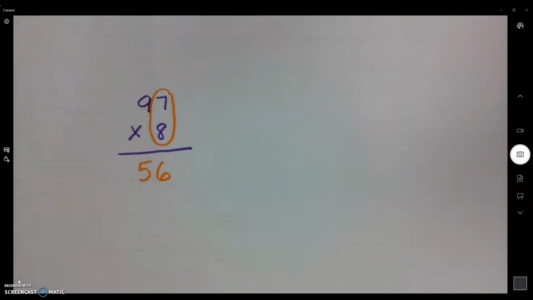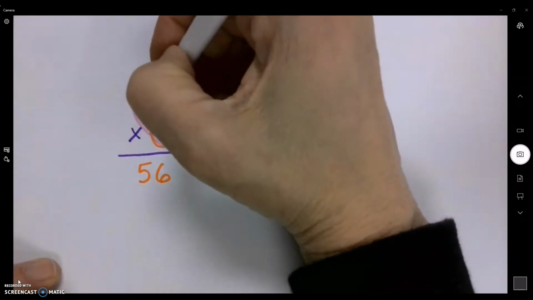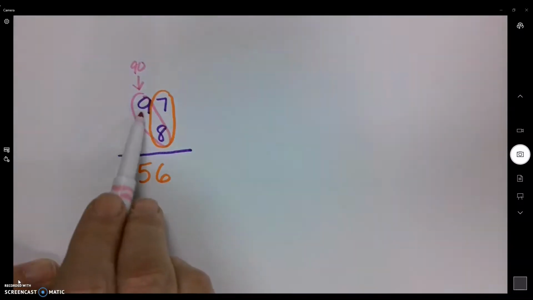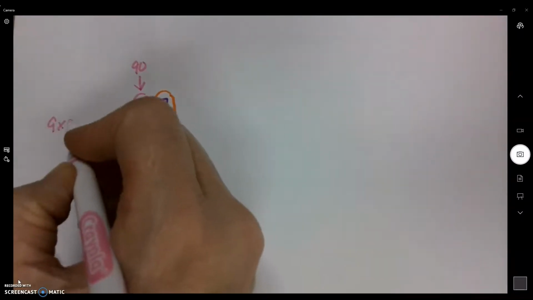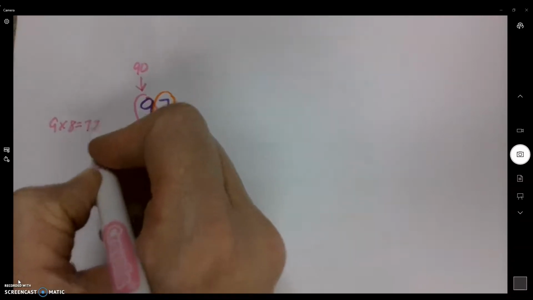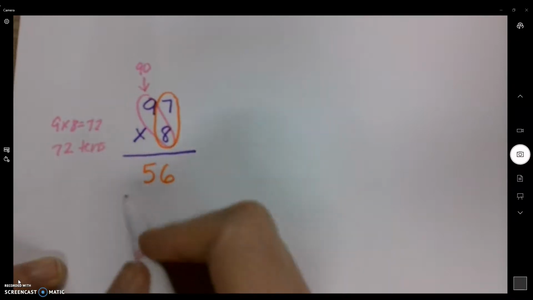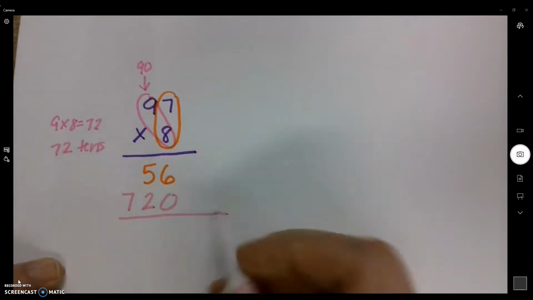And then I'm going to come over and look at my tens by my ones, remembering that that's actually 90. So 9 times 8 is 72. And since it's in the tens place, that's 72 tens. So 90 times 8 is 720.